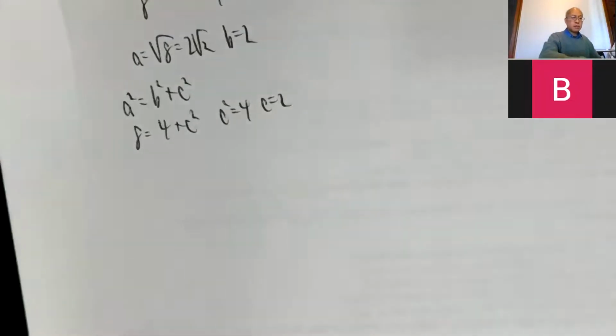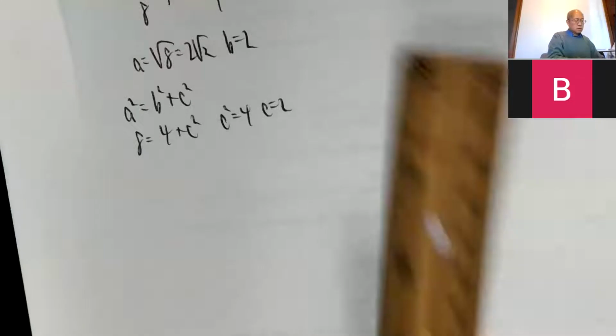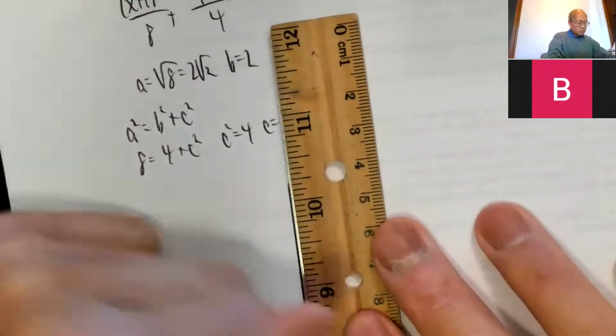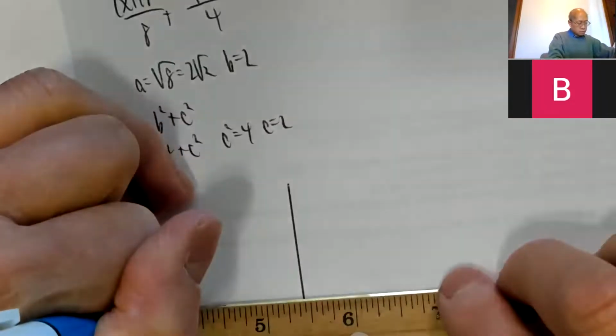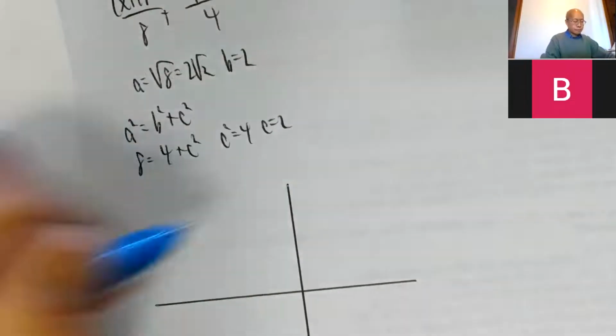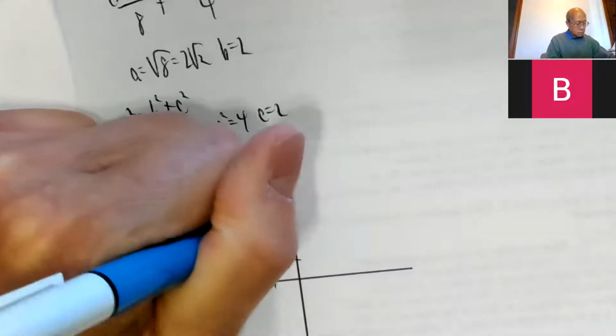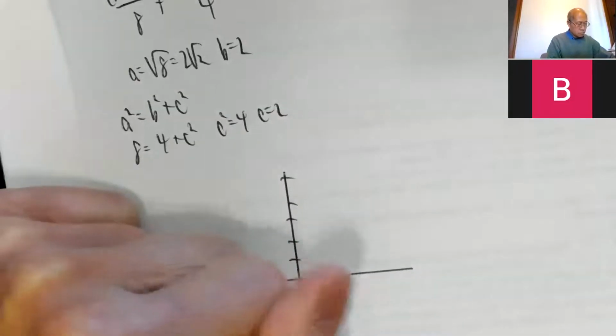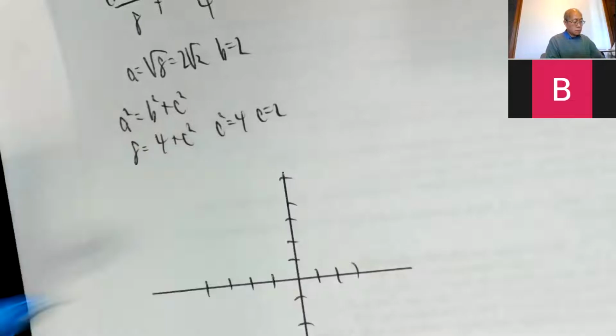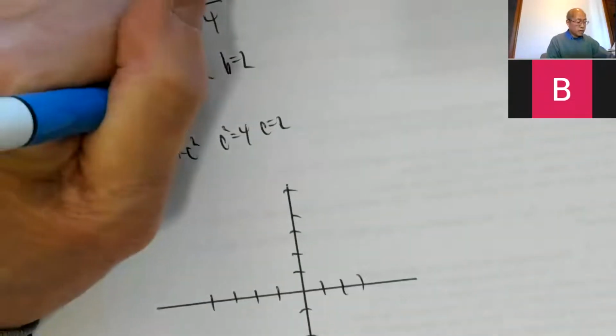Okay, so that pretty much does it. So center is -1, 2. Okay, and square root of 8 is about 2.8 on a calculator.